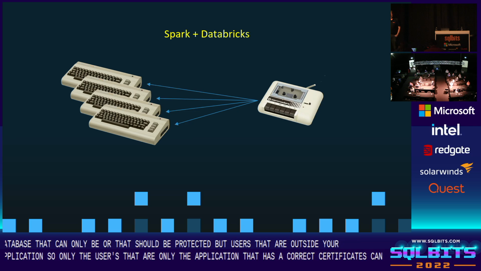This is basically how Spark clusters work. We're not going to talk a lot about Spark, but basically you have a compute engine like you would have with SQL Server, but it does not have storage. You just connect it to whatever you want to. And a Spark cluster is always many of them. You have one central node, and that divides the queries over a lot of the other nodes.